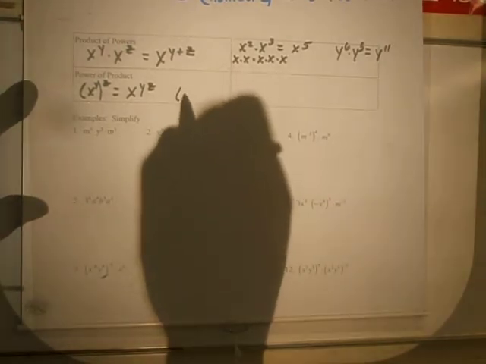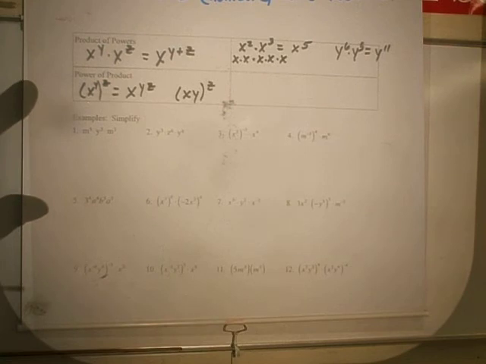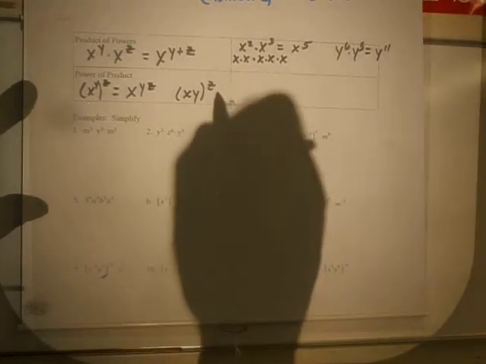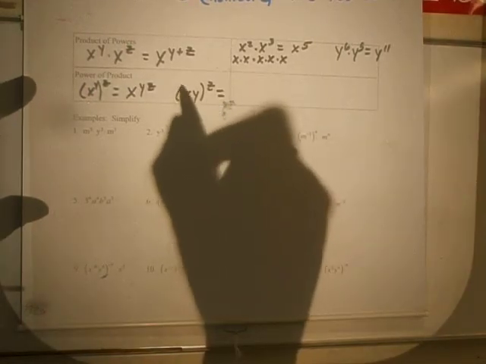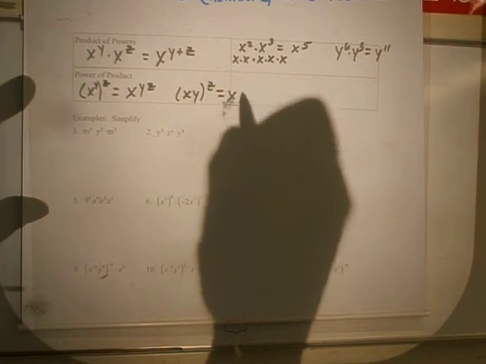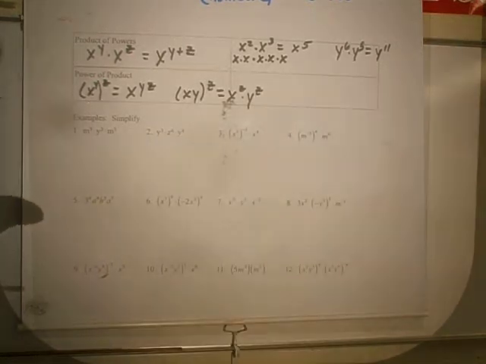And also inside there, if we have 2 things inside parentheses, both of those things need to go to the exponent. So if we had xy in parentheses to the z, that becomes x to the z times y to the z power.